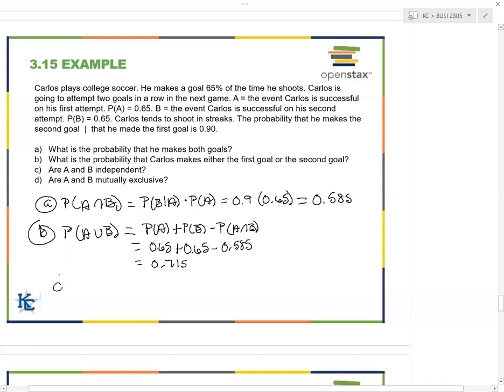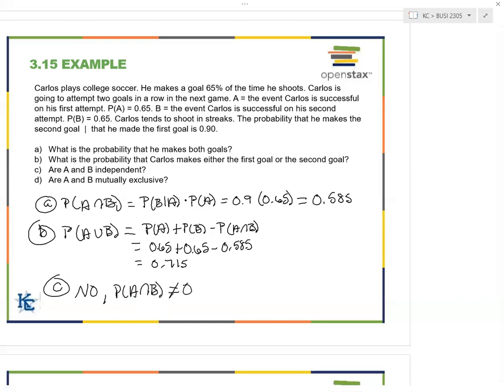So C, are A and B independent? Okay. And we can say no, A and B are not independent, right? Because A intersect B does not equal 0.